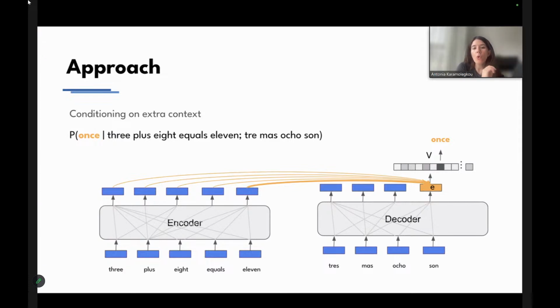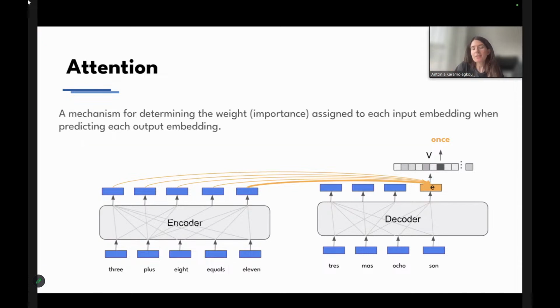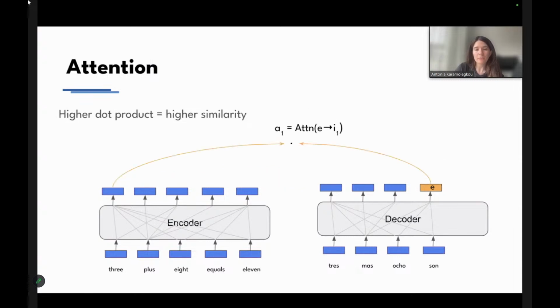So not all words are important. We don't need to pay attention to all the words. We only pay attention to the word 11 to predict the word once. And this is actually the attention mechanism. It's a technical term in NLP, described as the mechanism of determining the weight or the importance assigned to each word when generating its output word.